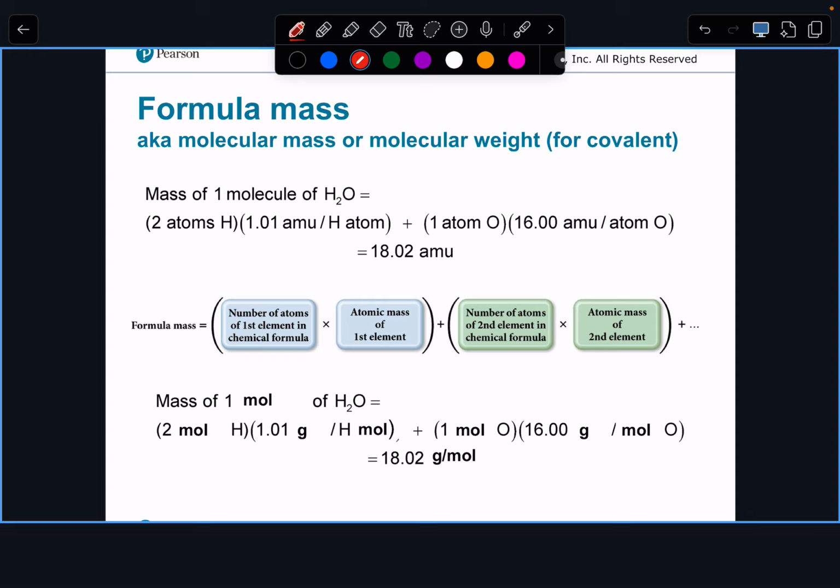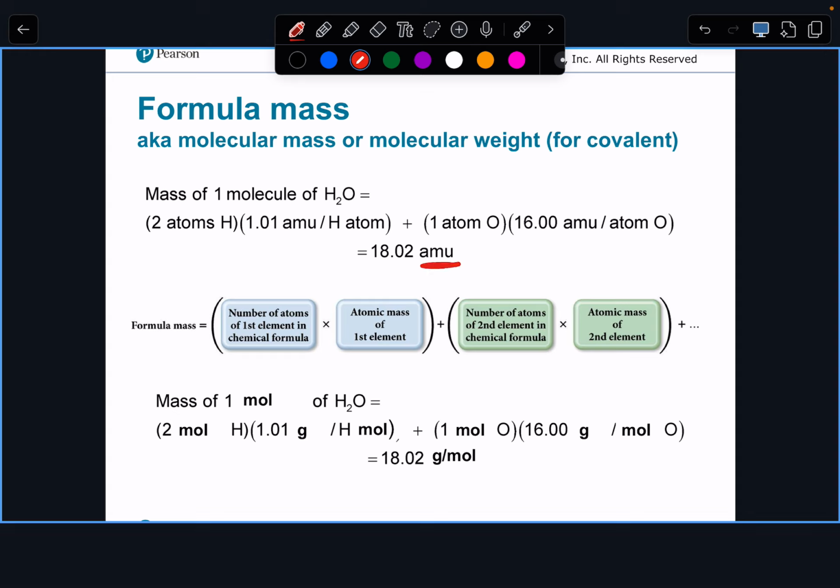Now we need to be able to do the same thing, but for a compound. It's really not complicated. Something like water, H2O, you just go look up the hydrogen, you multiply it by 2 because there's 2 of them, you look up the oxygen, and there's 1 of them, you add them together. That's all it is, okay? If you want it for a single molecule, those numbers together would be AMU.